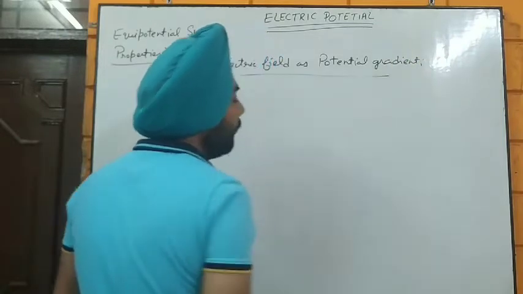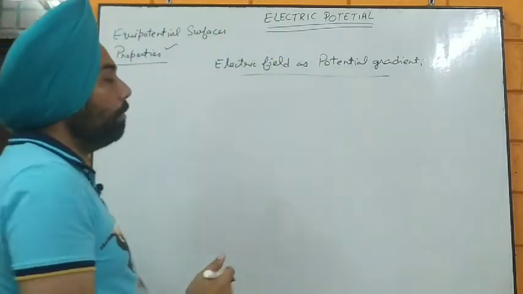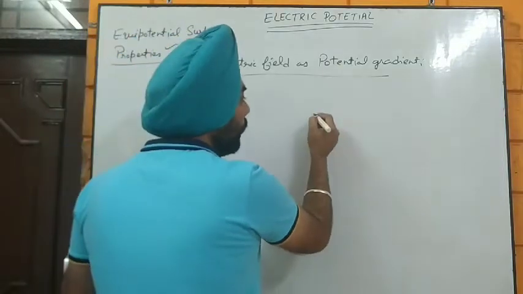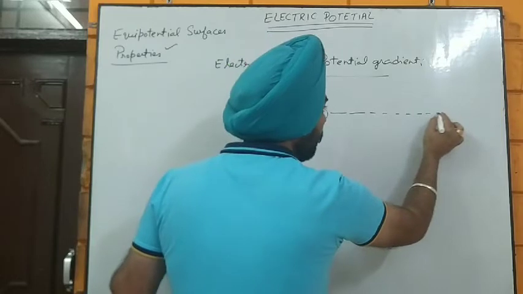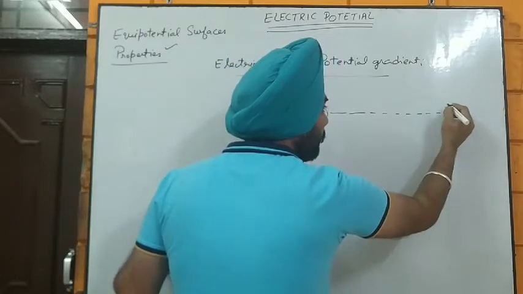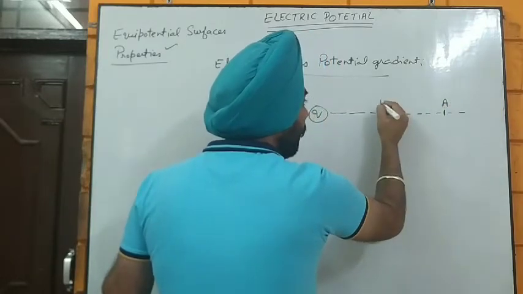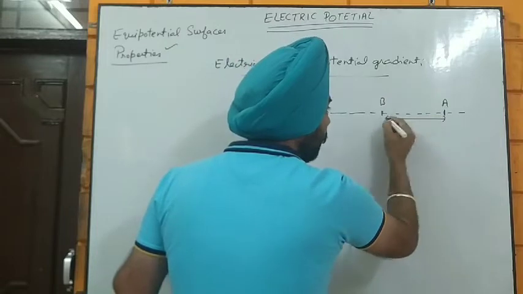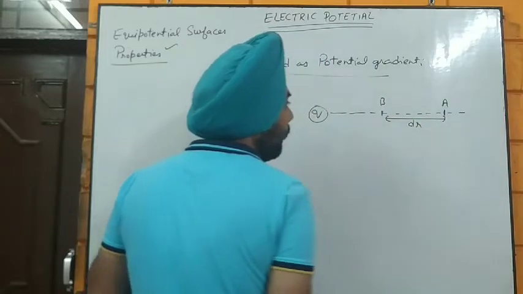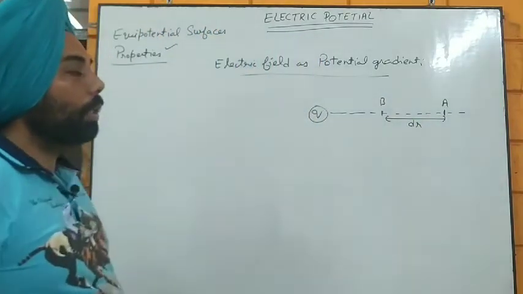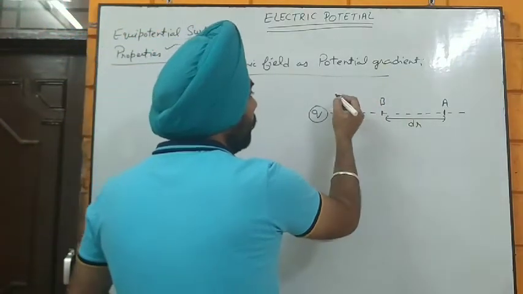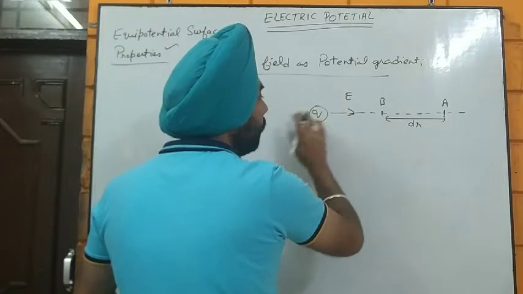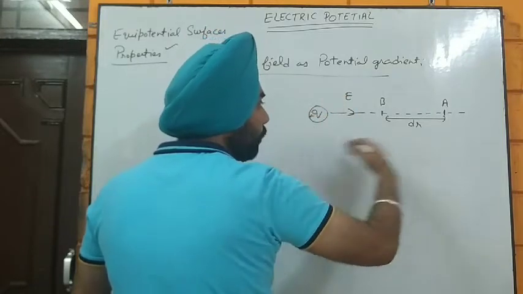It's a similar kind of thing. Now if we have a source charge here, let's say Q, and we have two points, one is A and one is B, which are dr distance apart. The electric field is moving from positive to negative.